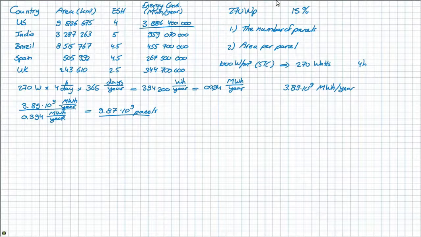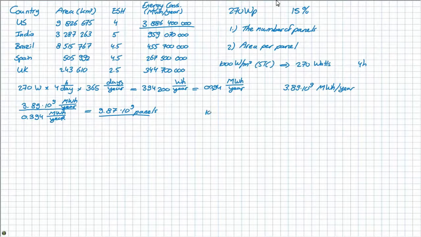Now that we have the number of panels, you want to know what area they would occupy. And for that you need to know the area of one panel first. So you know that when 1000 watts per square meters falls on a panel, the output is 217 watts and that the panels have an efficiency of 15%. With this information, you can calculate the area of one PV module because you know that the 1000 watts per square meters times the area is the total incident power.